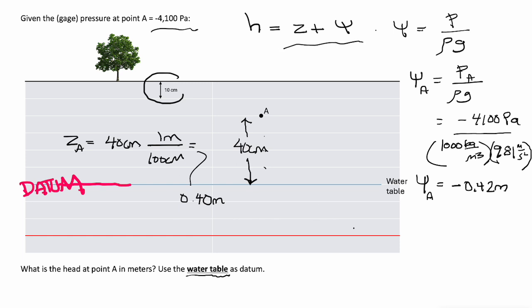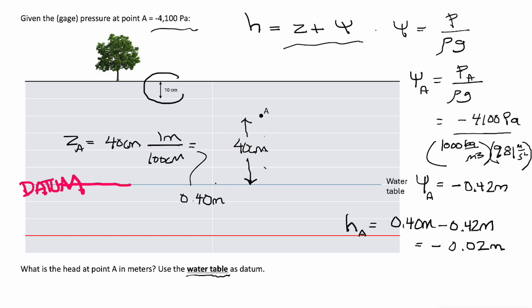So the head at A equals Z, which is positive 0.40 meters, plus psi, which is negative 0.42 meters. And that is going to equal the very small number negative 0.02 meters. It's almost zero, just a little bit below zero.